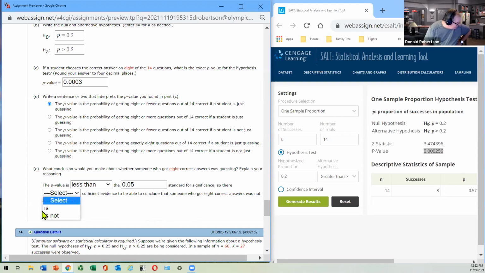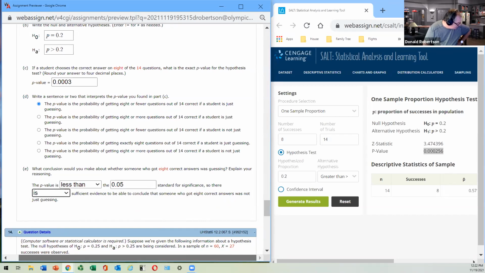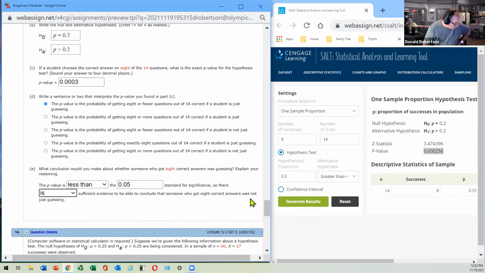So there is sufficient evidence to conclude that someone who got 8 correct was not just guessing. In fact, based on that p-value, isn't it very, very unlikely that they were guessing? I mean, you could win the lottery, you know, that's guessing, right? But it's not happening typically.